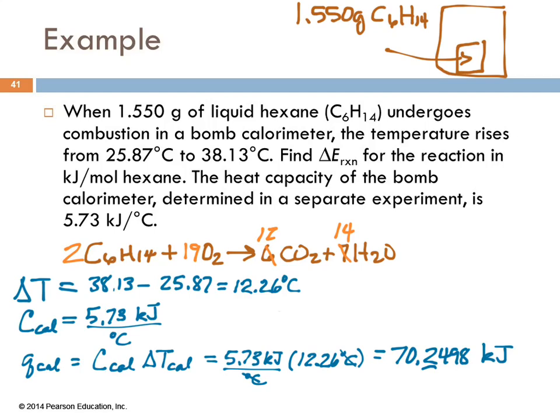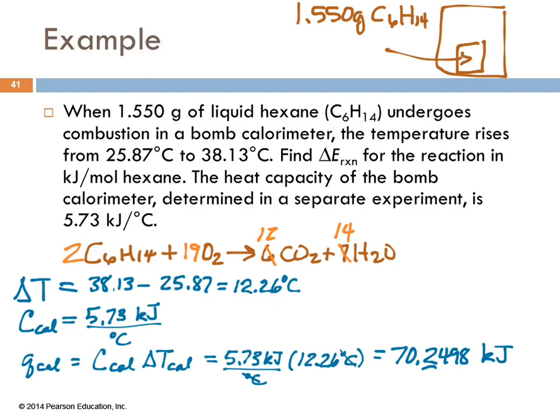What did we just calculate? It was heat, right? That was the heat that the calorimeter absorbed. Where did that heat come from? The combustion reaction inside. So the combustion reaction gave off the same amount of kilojoules, it's just that the sign is the opposite.